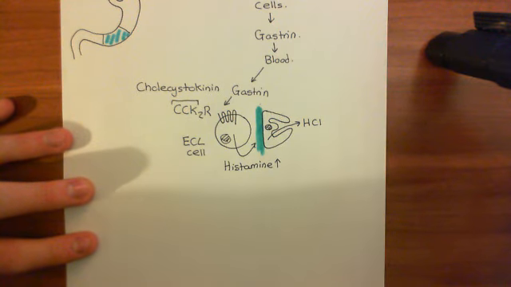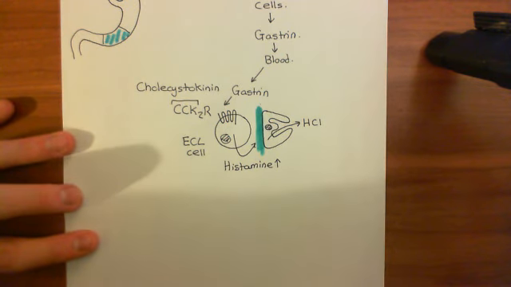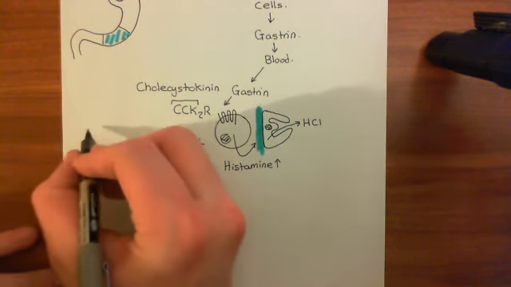There is another pathway that I want to talk about, okay, and this involves the vagus nerve, basically. Now, there are two vagus nerves. You have one on both sides, and basically they carry postganglionic parasympathetic neurons.